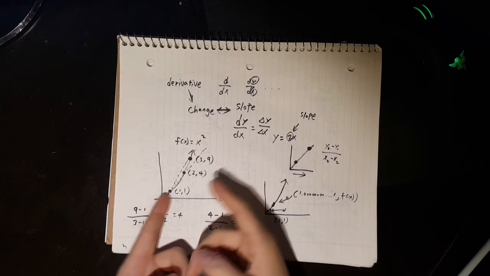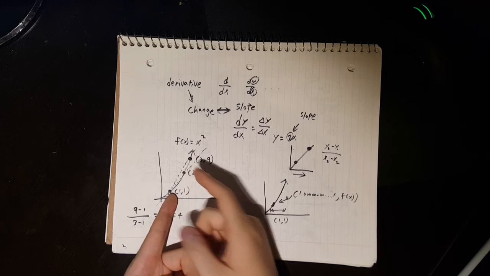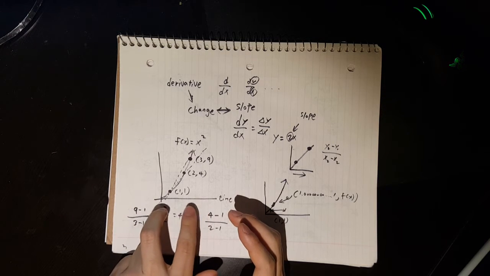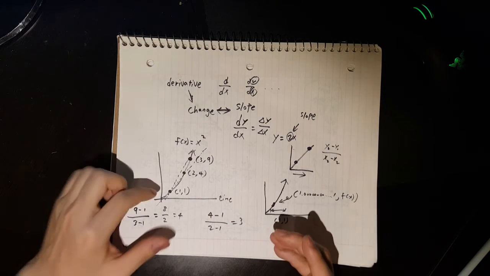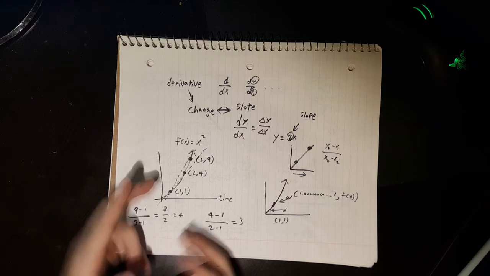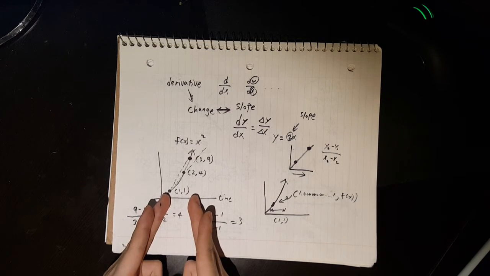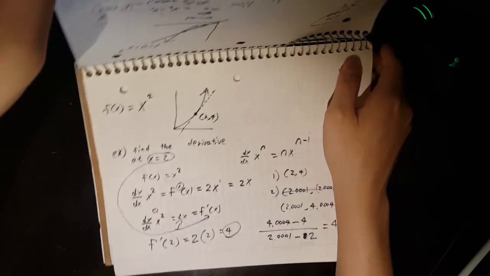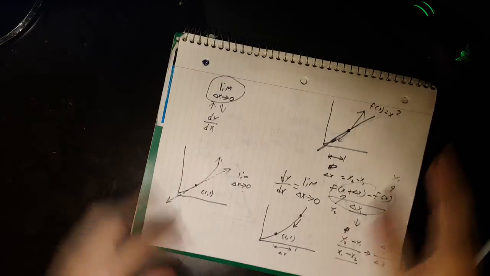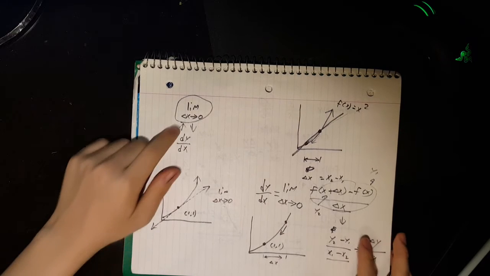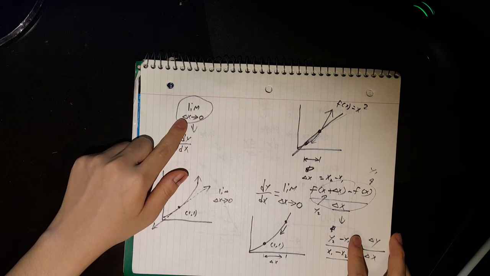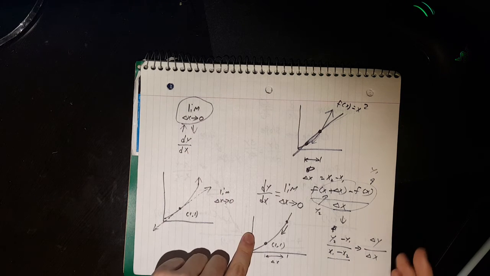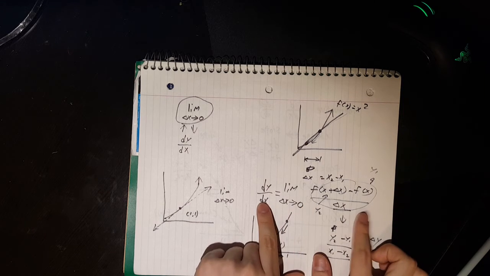Basically, if you have a function and you want to find the instantaneous rate of change of y in terms of x, the way you do that is you bring the x's closer and closer together so that they eventually become so close that it's basically zero. And you can express that using a limit. So as the change of x, the difference in x, becomes zero, what is the slope? And that is the definition of derivative.